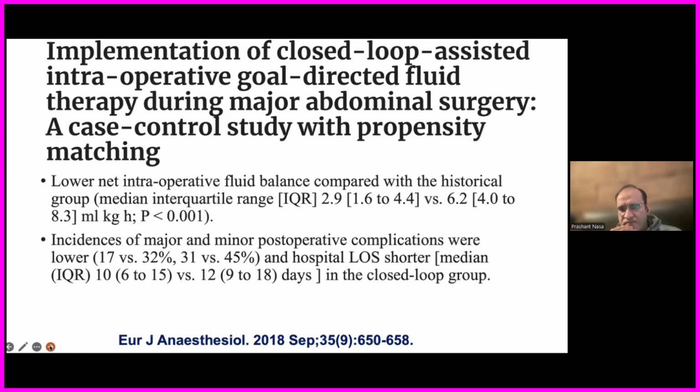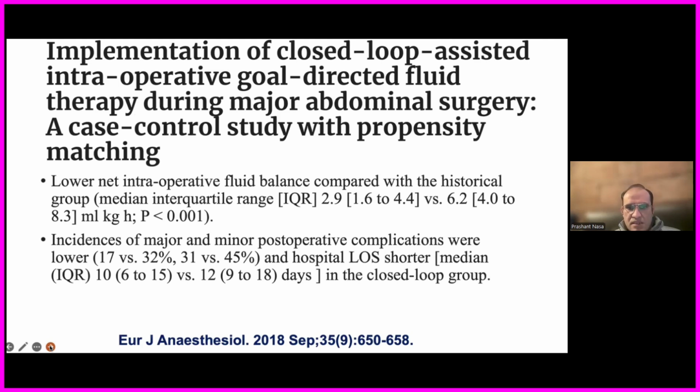So what is the evidence on whether closed loop has been used? Yes, there are a few studies looking into closed loop administration, mainly in the perioperative setting, like this study which was published six years back, in 2018, in the European Journal of Anaesthesiology, where they used a case-control design, comparing the historical way of fluid administration in major abdominal surgeries with a closed loop.